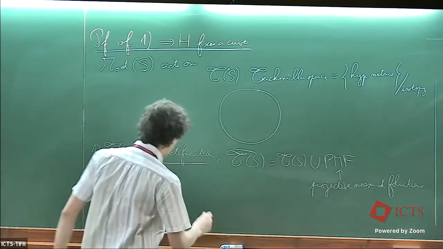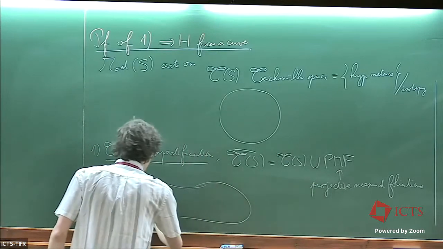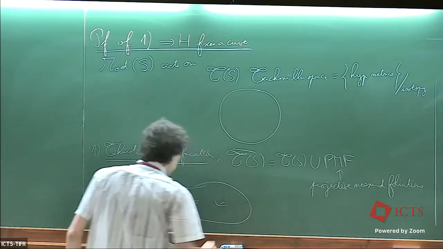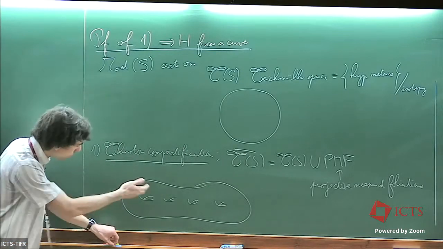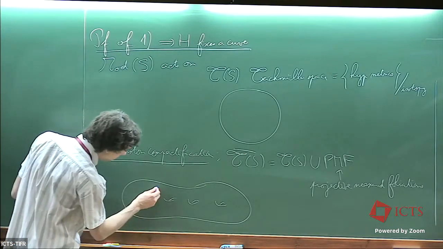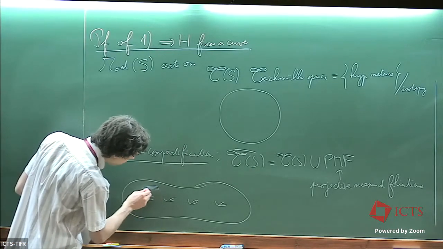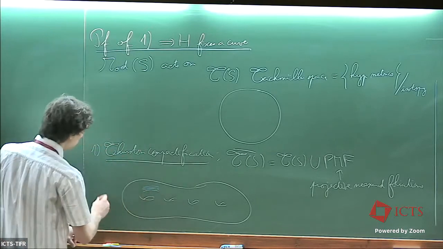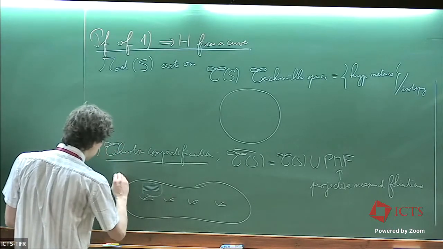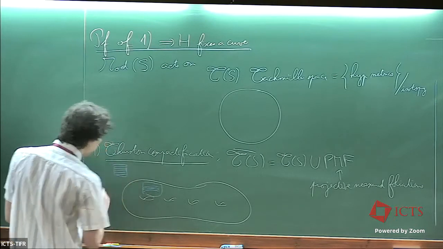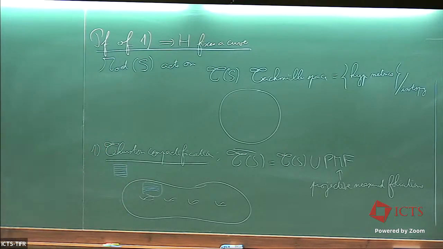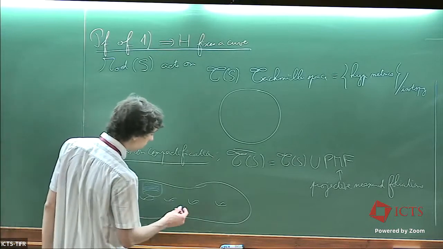So what is this? What is a projective measured foliation on the surface? Well, a measured foliation is just some way of foliating the surface by leaves such that locally you have a chart where the foliation looks like the foliation by horizontal leaves, except that because of Gauss-Bonnet, you cannot do this without allowing for finitely many singularities.